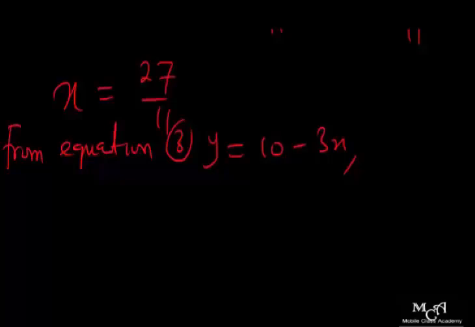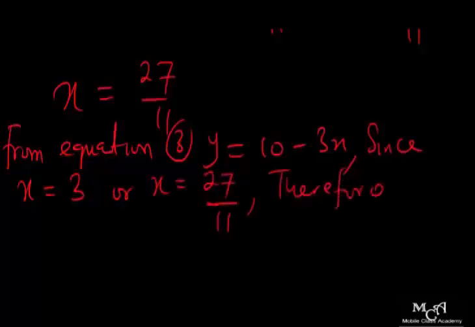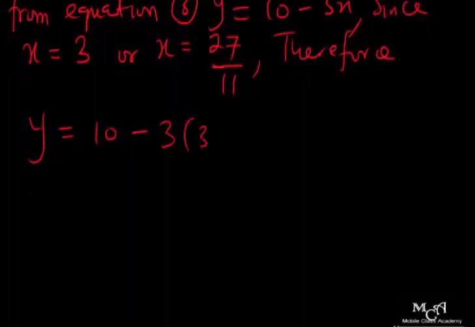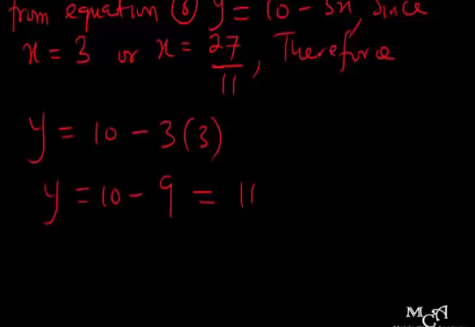Since x is equal to 3 or x is equal to 27 over 11, from equation 3, y equal to this. Since x is 3, our y will now be equal to 10 minus 3 times 3. So my y equal to 10 minus 9, which is equal to 1. My y is equal to what? 1.